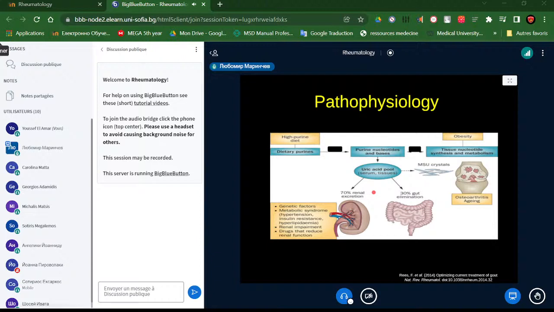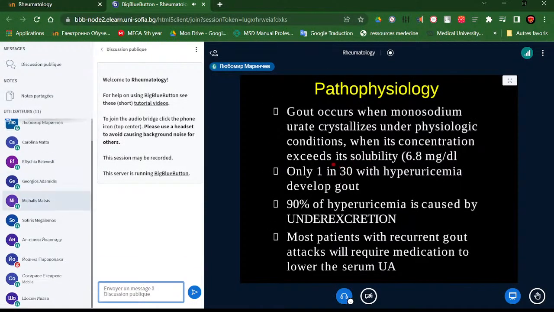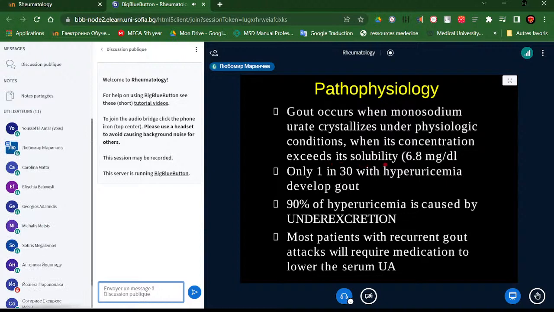So when this level is going up, the concentration exceeds the solubility of uric acid, and then it transforms into crystals.